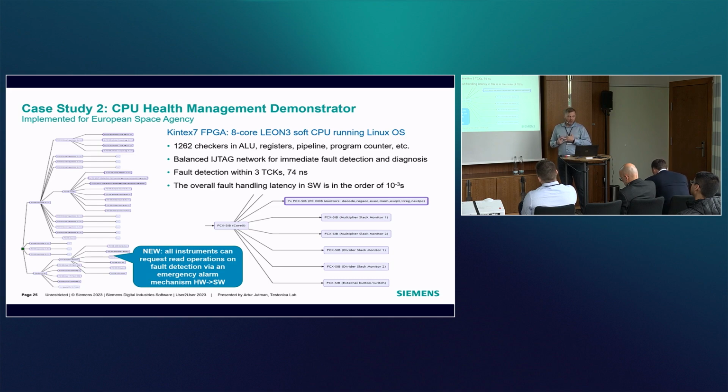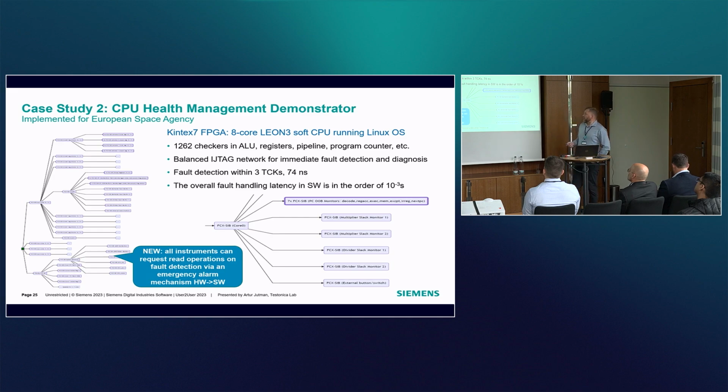In a matter of 74 nanoseconds basically, we get the information about a fault which was detected in the logic before it escalated to registers, before it becomes an error, before it starts influencing the functional operations. So before failure, we can take care of the fault and correct it.